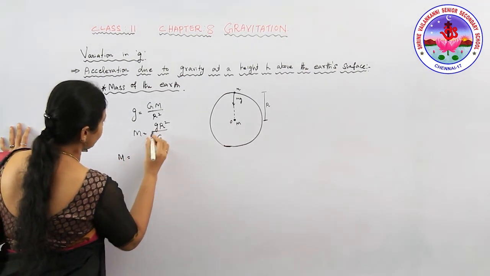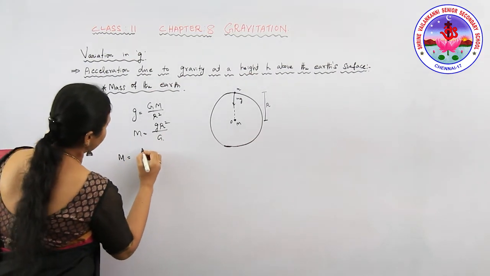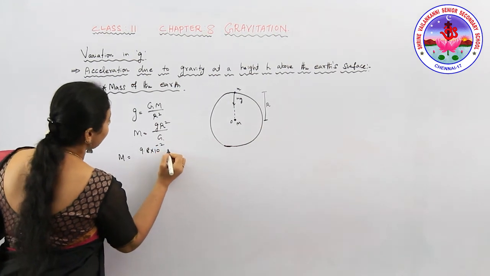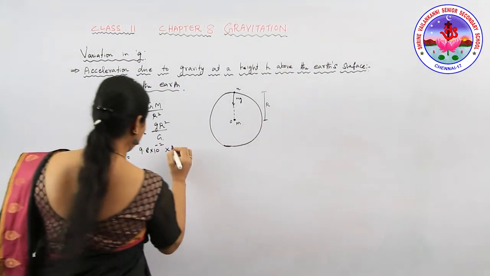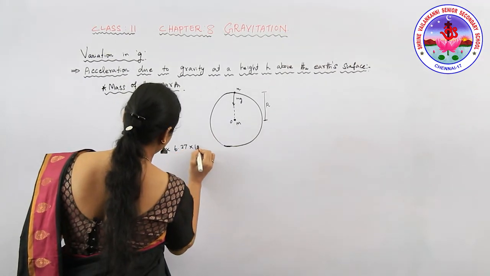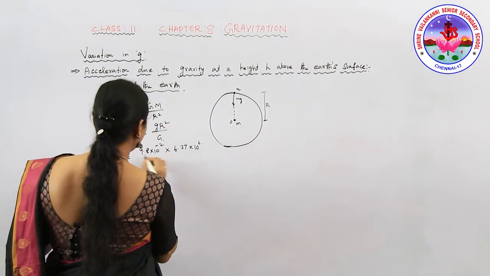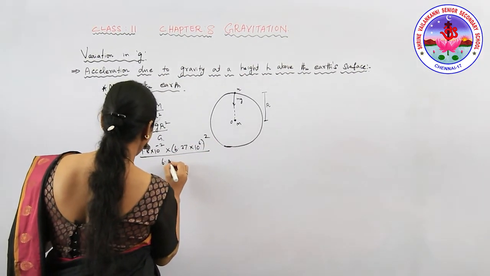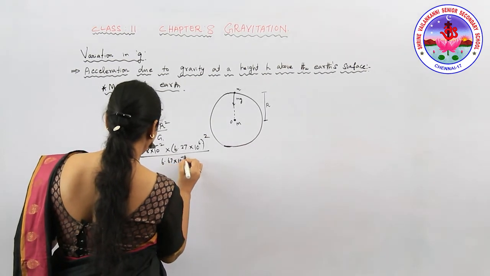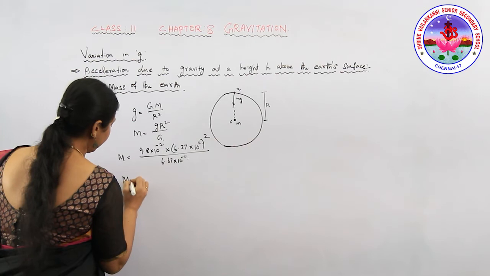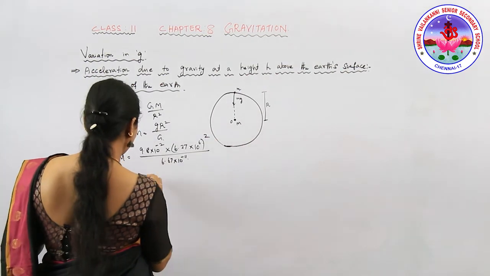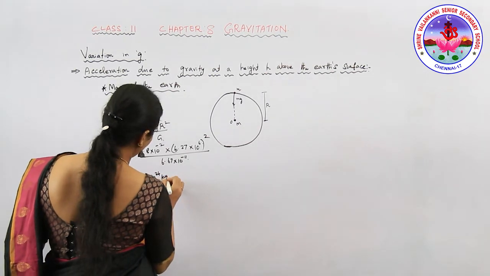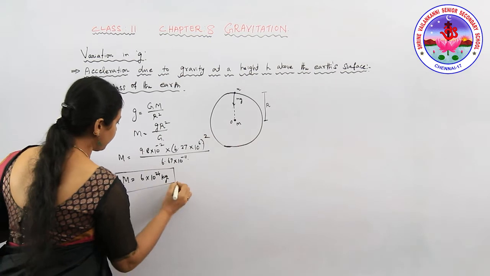So mass is equal to g value 9.8 into r value 6.37 into 10 power 6, whole square, divided by the G value 6.67 into 10 power minus 11. By simplifying these, we will get the value of M as 6 into 10 power 24 kilogram. So this is the mass of the Earth.